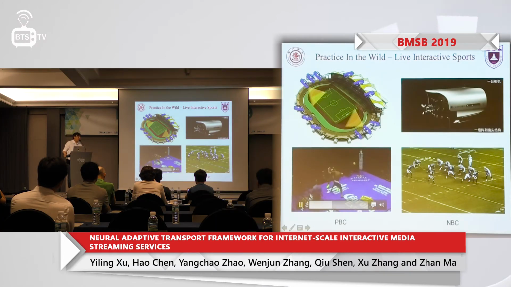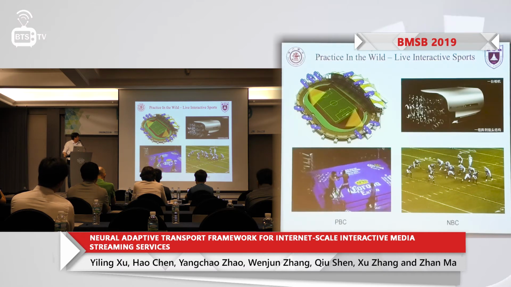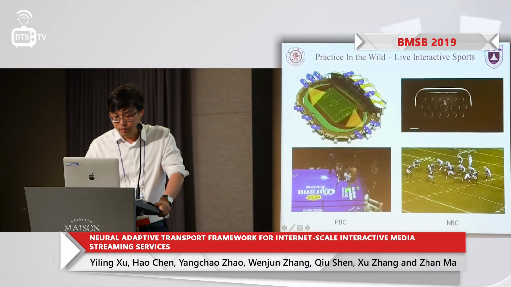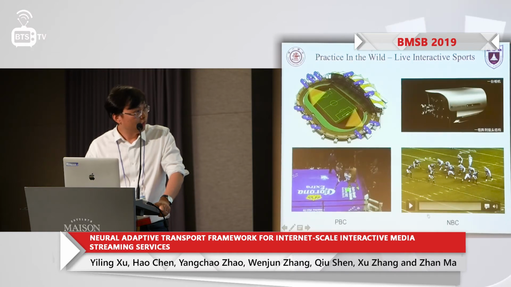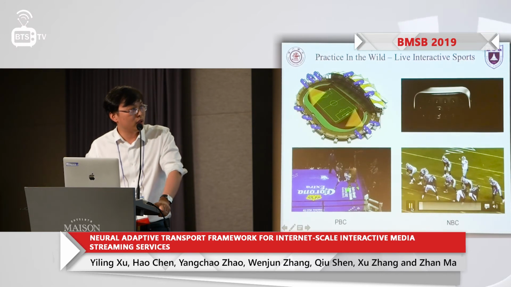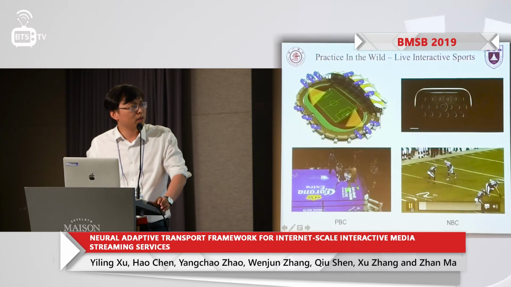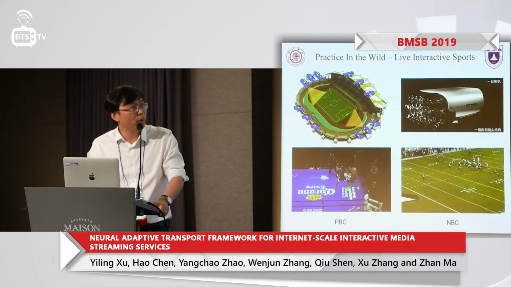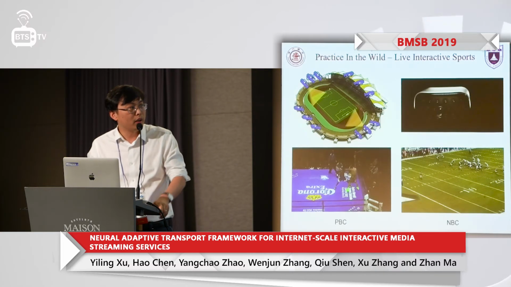A few years ago, we worked together with the US PPC to broadcast boxing. And here is with NBC to broadcast football, the game between Duke University and another university. Using the gigapixel camera, we can navigate.